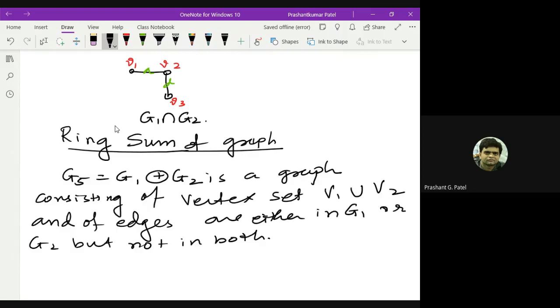Okay, so you have to see what are the edges which are not in both.